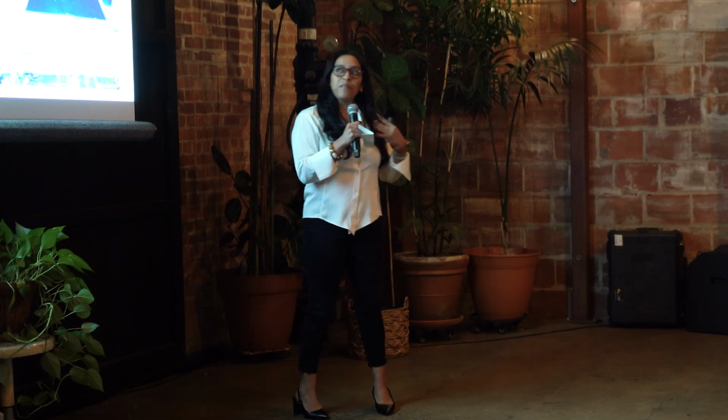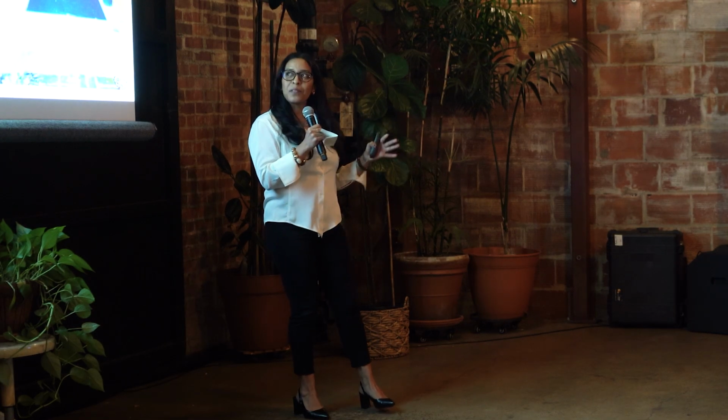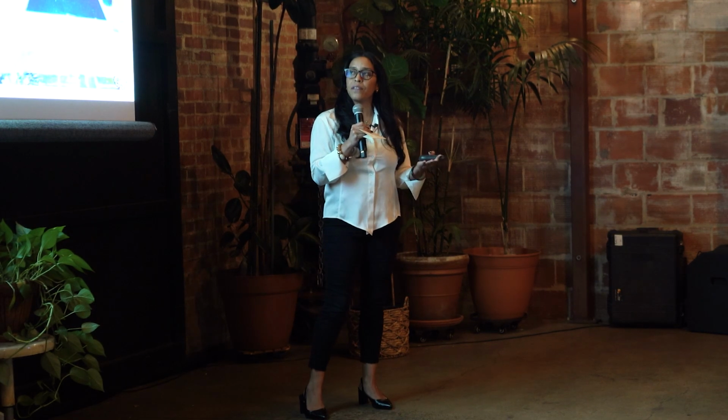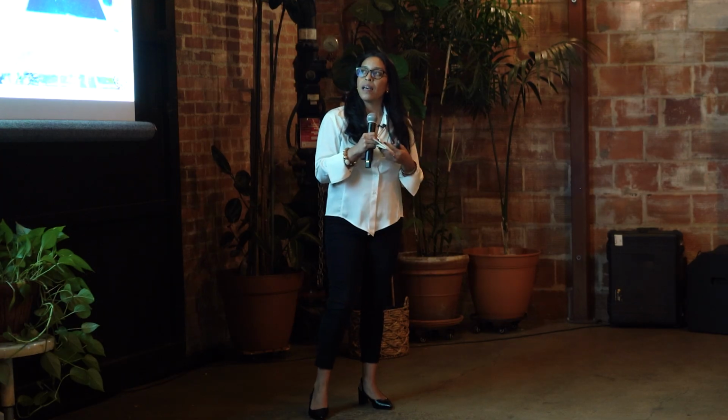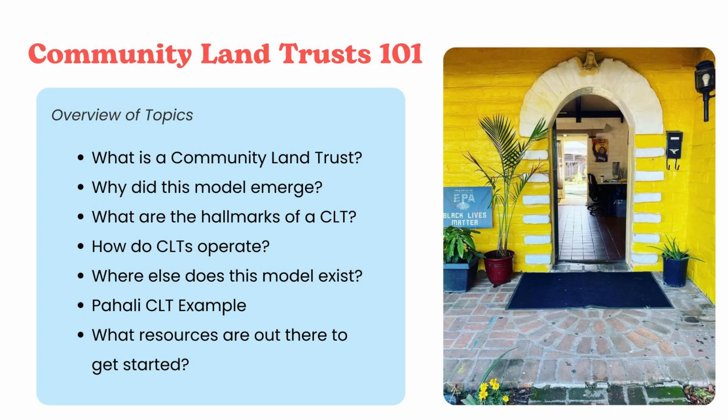So I'm a fan of roadmaps, a little bit of a table of contents here, and wanted to give a brief overview of some of the topics that we'll be exploring today. Those include what is a community land trust, of course, why and how did this model emerge, what are the hallmarks of a community land trust, how do they operate, where else do we see these models exist throughout California.